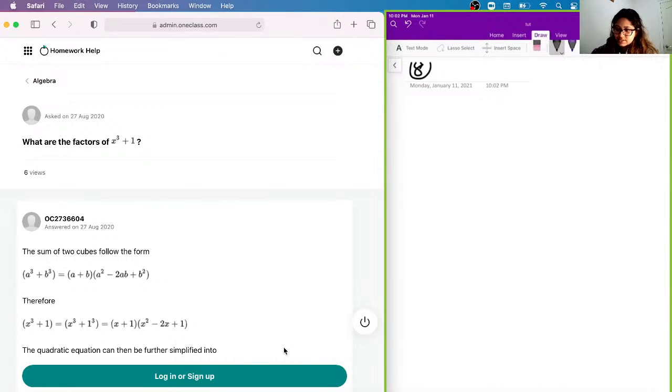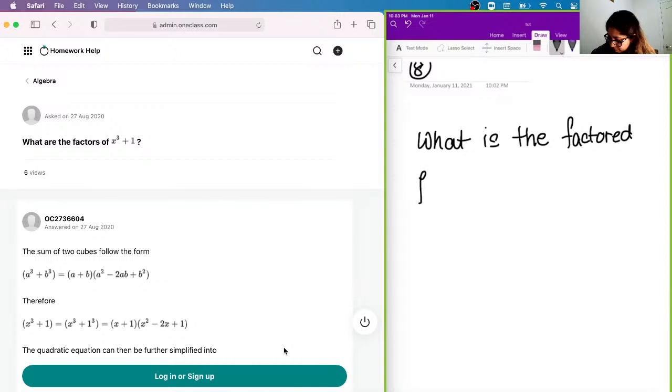Okay, so the next question says, what is the factored form of x cubed plus 1? Or what are the factors?